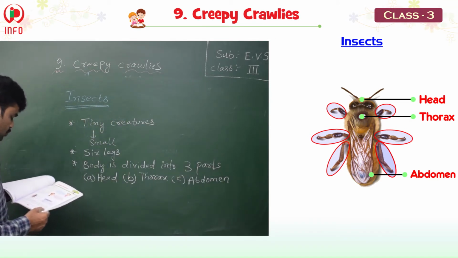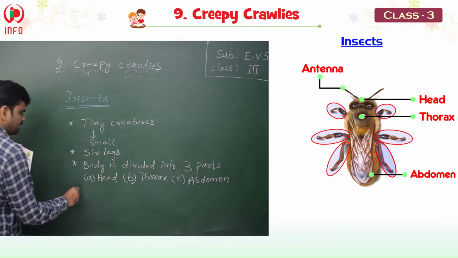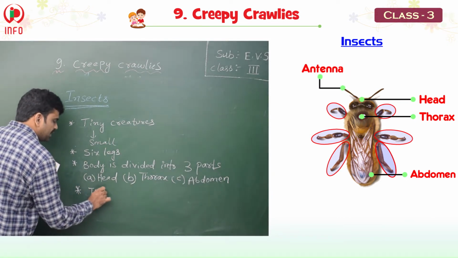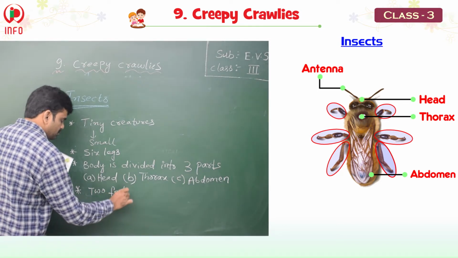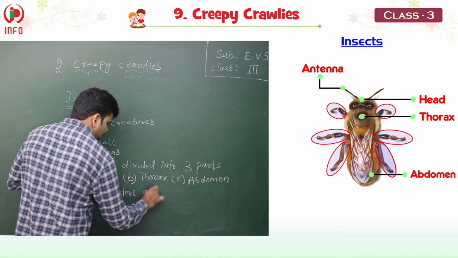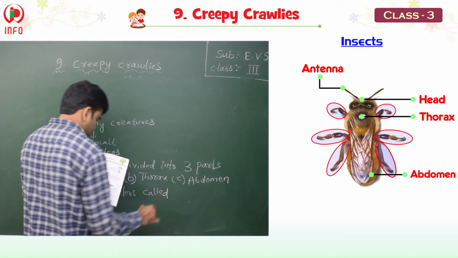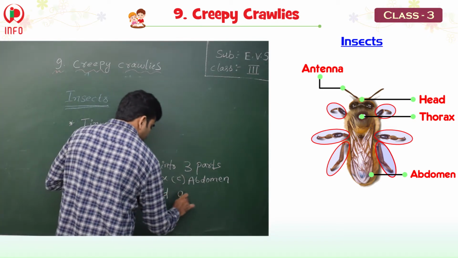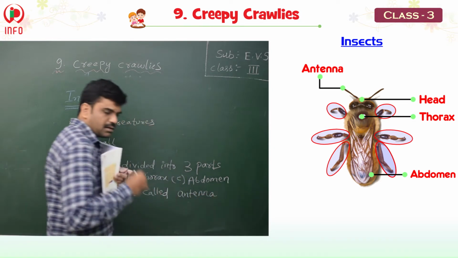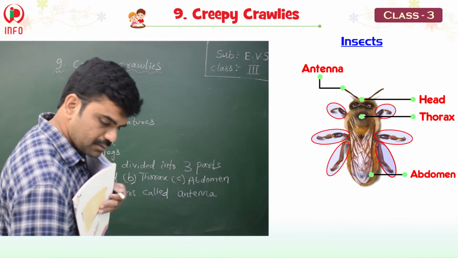They have 2 feelers called antennae. Okay, they have 2 feelers. These are called antenna.